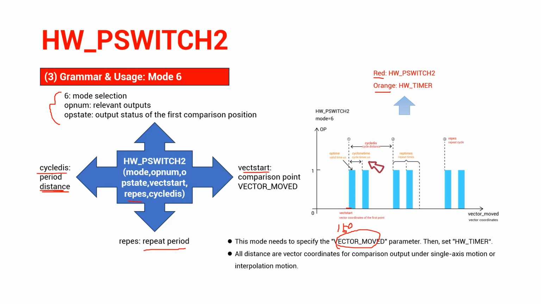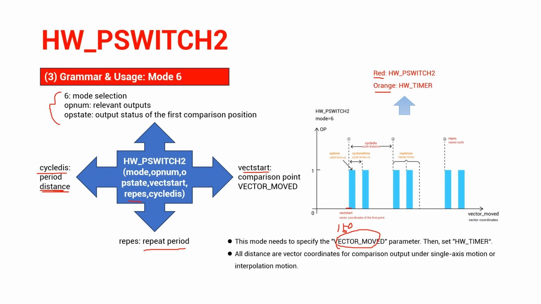And this parameter also can control cycle time. This is one full cycle. And the valid level output time of each cycle is controlled by this time. From repeats, we could know how many times the trigger is controlled by the current HW-PSwitch2. But after each trigger, the HW timer also can control several outputs.